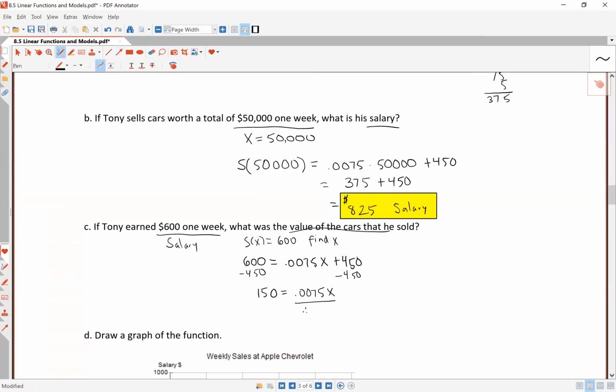Divide both sides by 0.0075. And that says that the value of the cars sold is 150 divided by 0.0075.